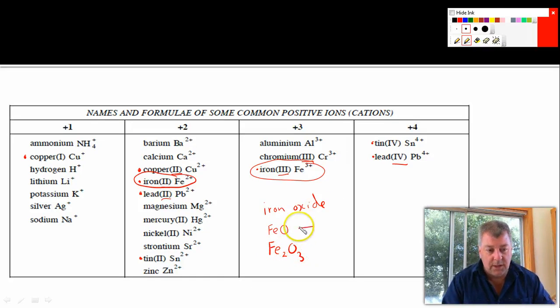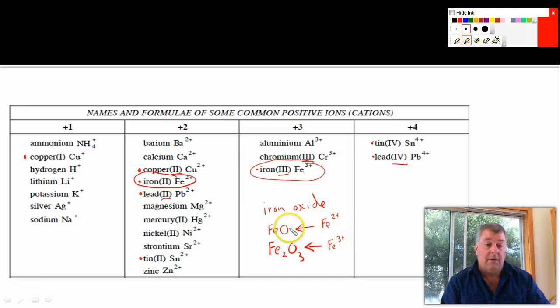Now this one is the compound of iron oxide that has Fe2+ in it, and this one is the compound iron oxide that has Fe3+ in it. And very different things, and therefore chemists who want to use iron oxide need to know which iron oxide they are using, because they have very different properties, and so that's what we're going to learn.